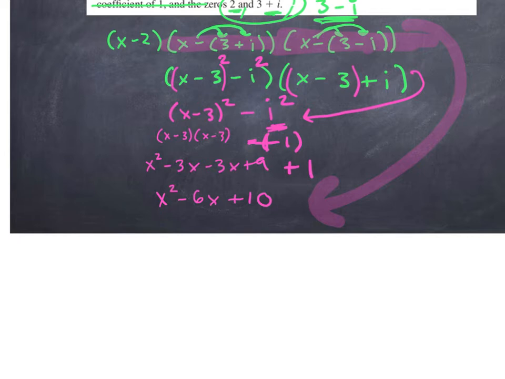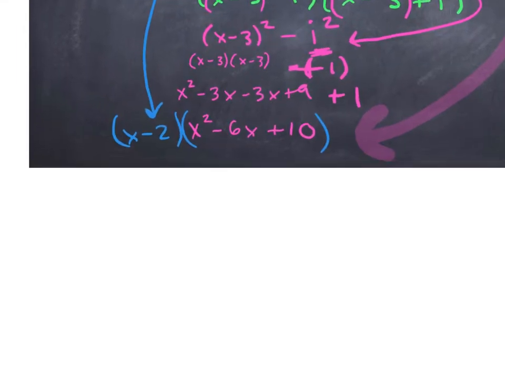So now we just need to multiply that x minus 2 in there that we started with. So we're going to take this and just drop it down and multiply it. We just need to make sure everything in our first parentheses gets multiplied to everything in our second.